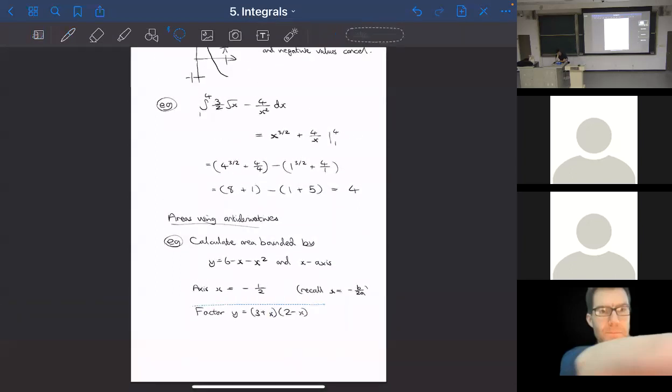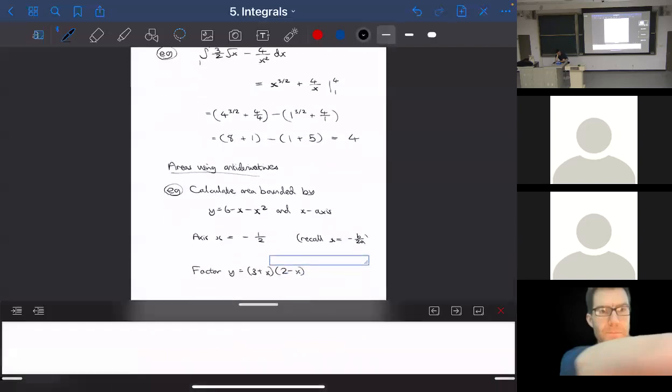So to sketch this, let's calculate the value on the axis as we did before. It's y equals, well, maybe I'll use the original equation.